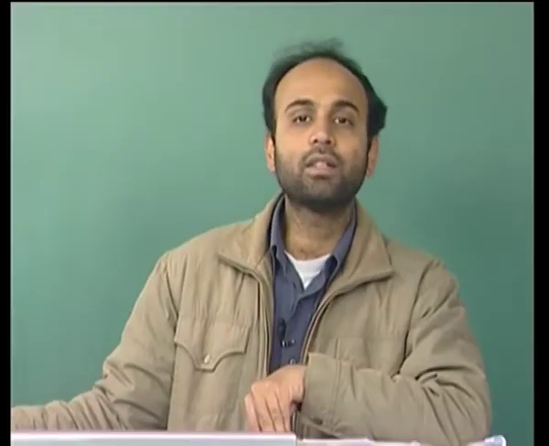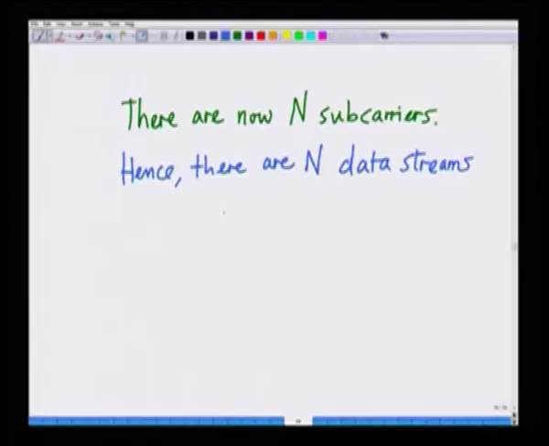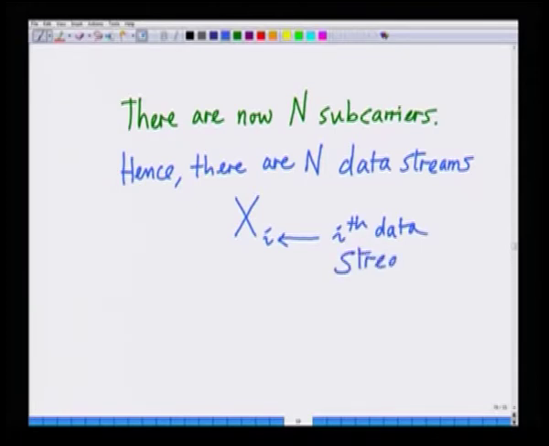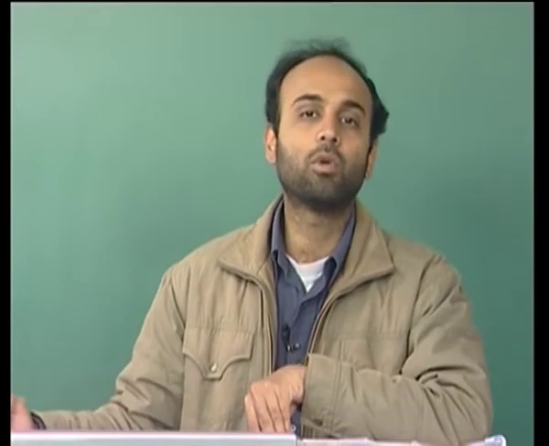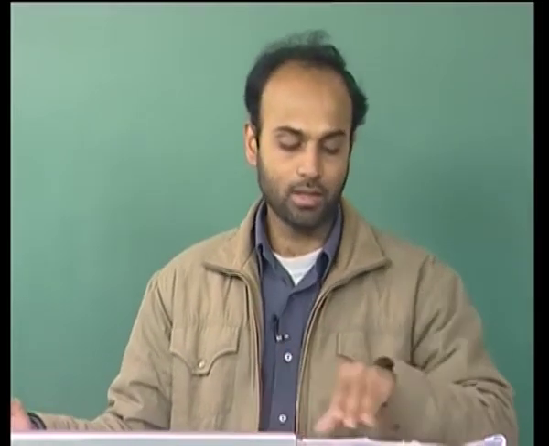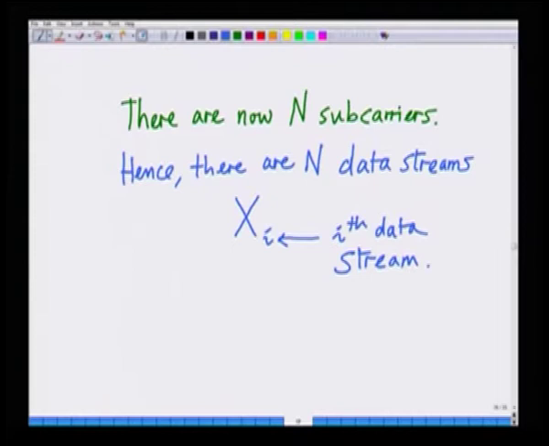These are indexed by xi. Basically, xi denotes the ith set of symbols which can be modulated onto these subcarriers. All right. So, that is what we have seen.